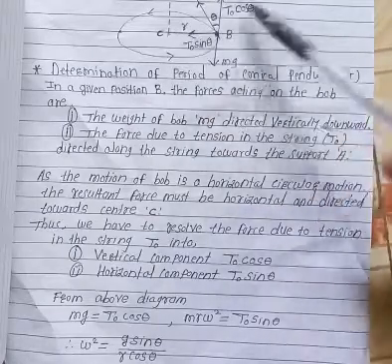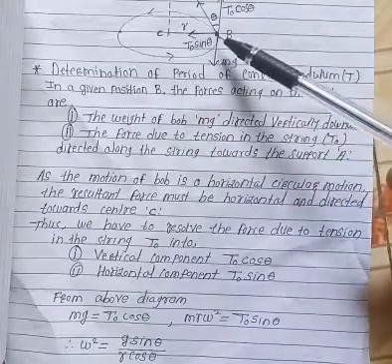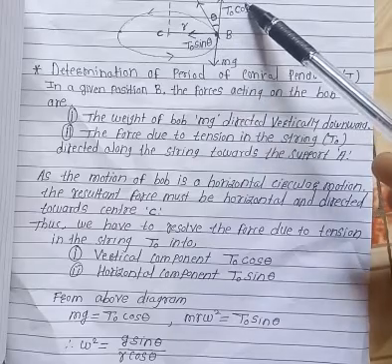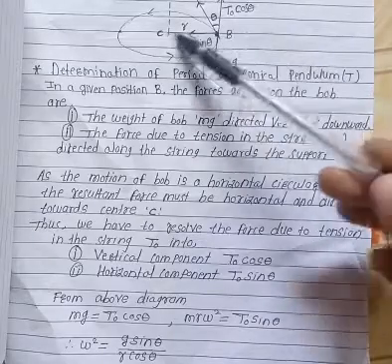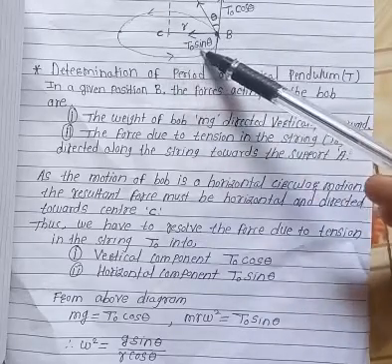From the above diagram, mg balances the vertical component and centripetal force balances the horizontal component.